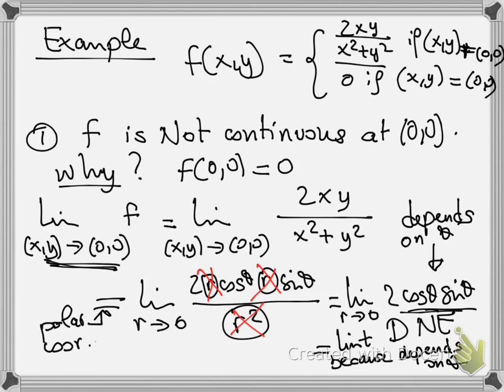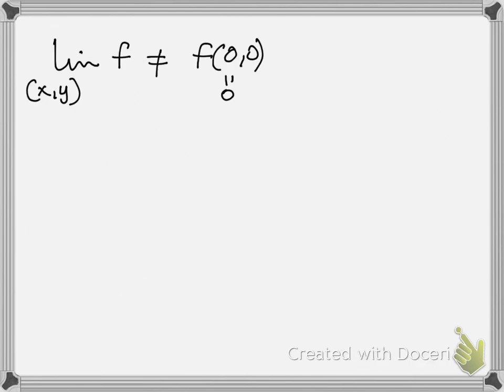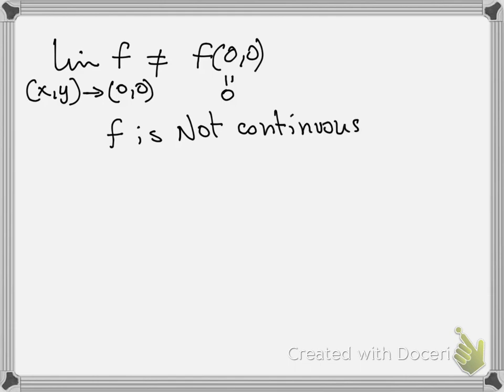For each value of theta, you get a different number, right? So the limit of f as (x, y) goes to 0 is not equal to f of (0, 0). So f is not continuous at (0, 0).